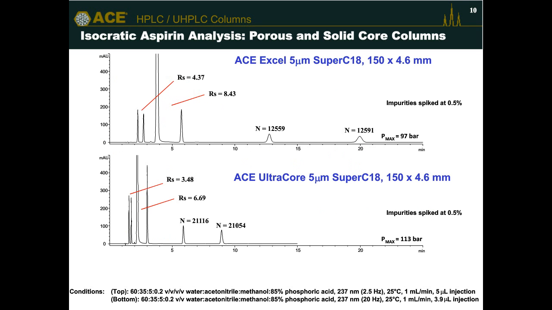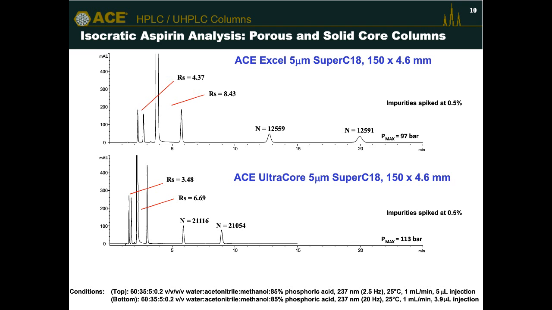And I just wanted to give you an example of how you could transfer a method from a fully porous 5 micron packing material to a solid core 5 micron packing material. So the top chromatogram here is a fully porous 5 micron material.